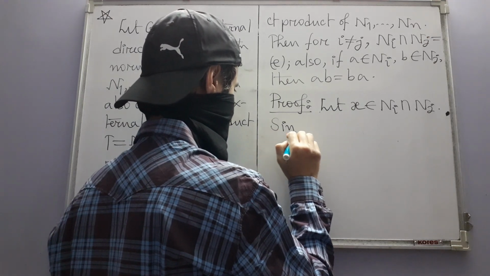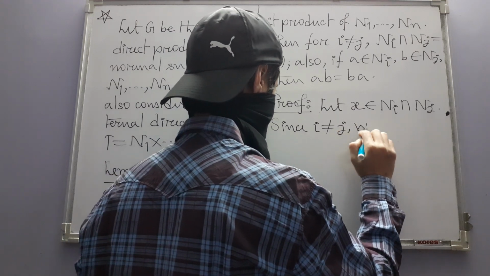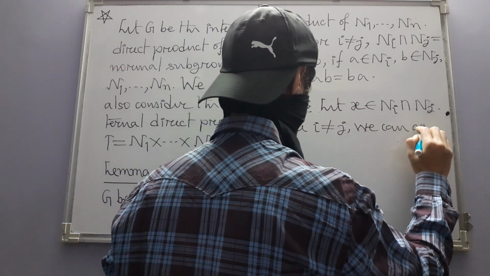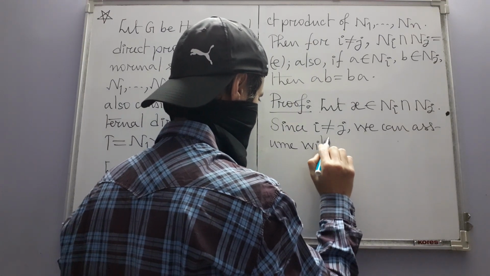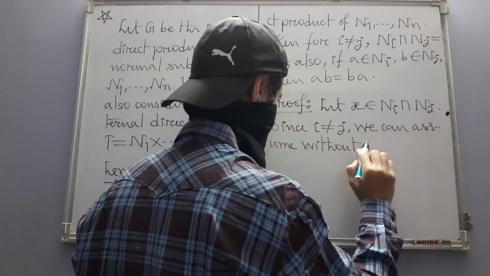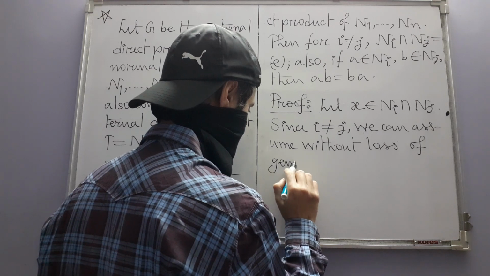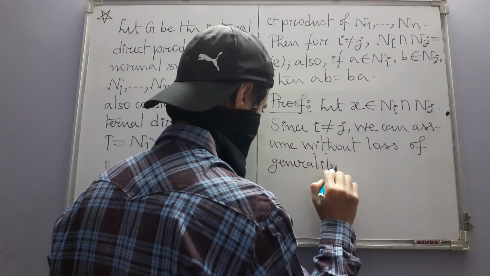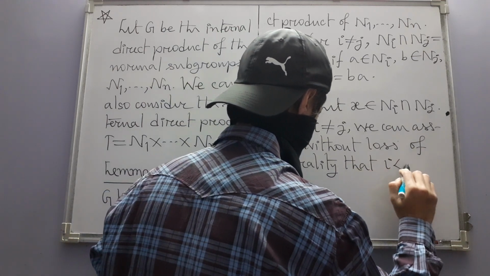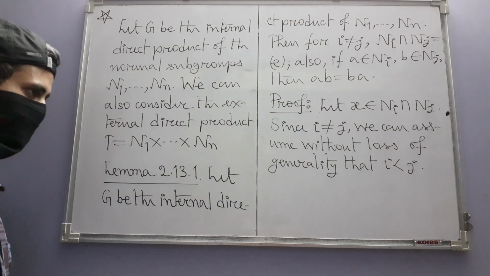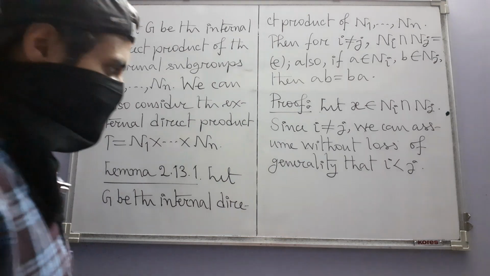Since i is not equal to j, we can assume without loss of generality that i is less than j. One of them will be less than the other, so we have simply assumed that i is less than j.